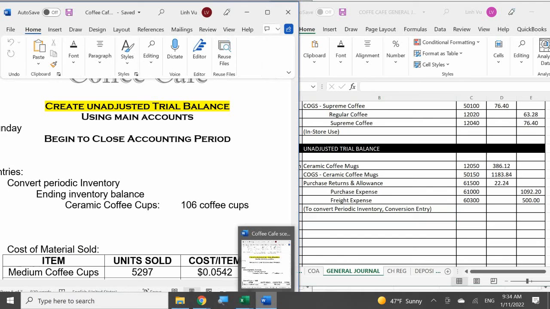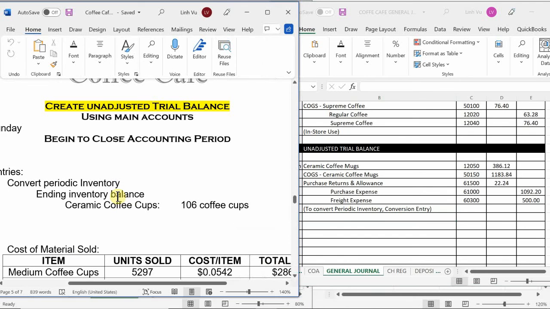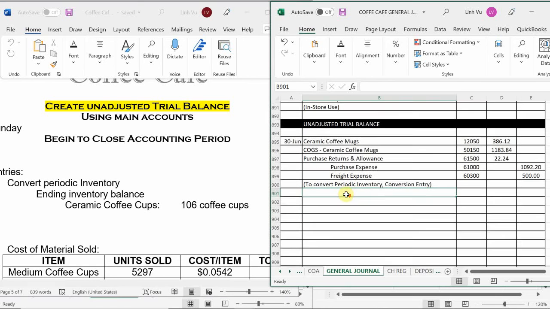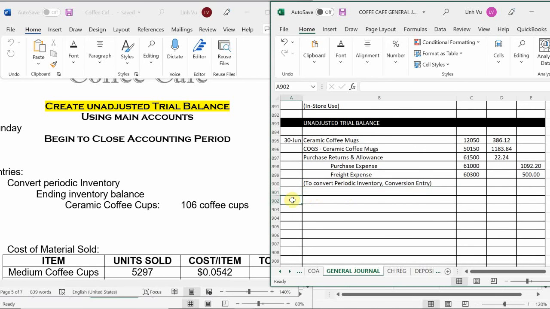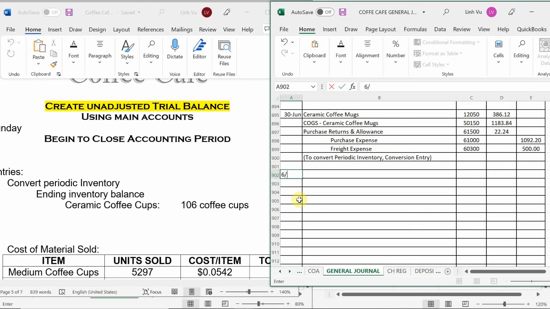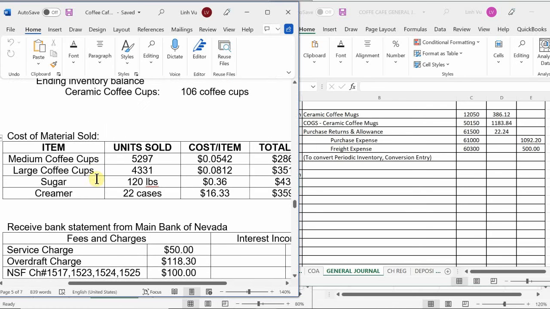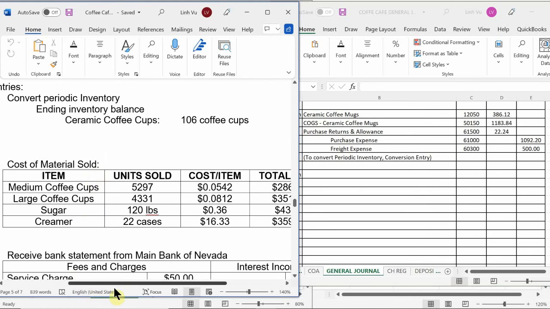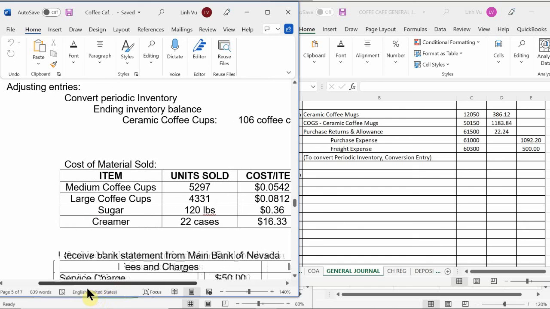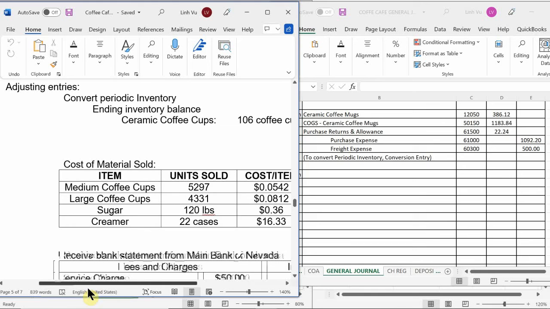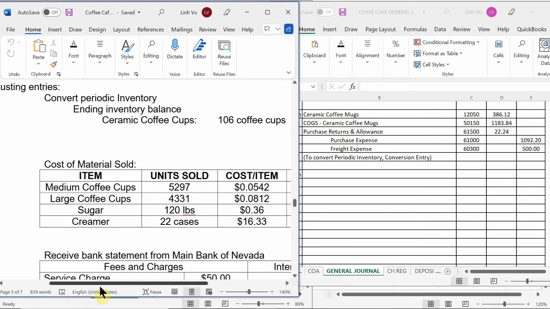And that is it for that conversion entry. Next adjustment entry is going to be figuring out the cost of material. So in this case, medium, large, sugar, and creamer.